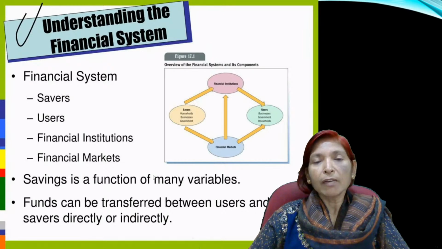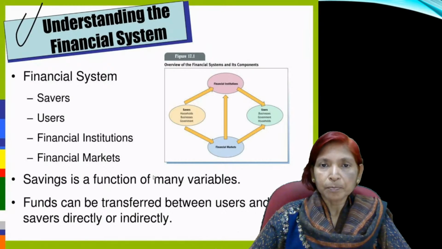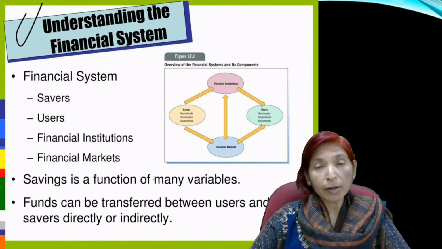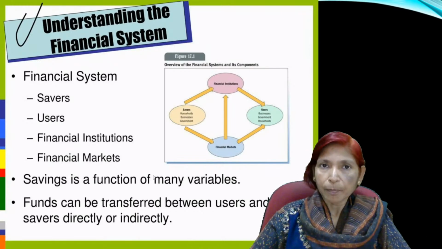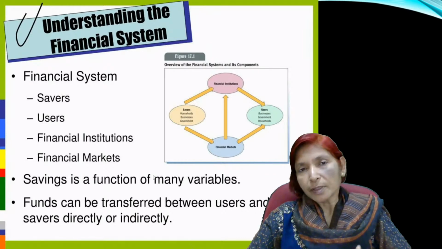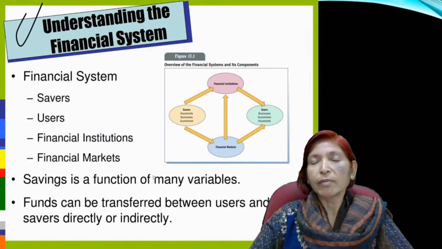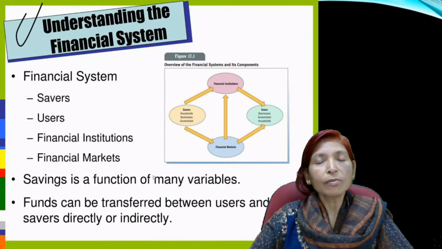If we give more preference to the future, then we will save more money. And if we give more preference to the present time period, then we will save less money. And investment depends upon saving. If saving rises, investment will also rise. If saving falls, investment will also fall.